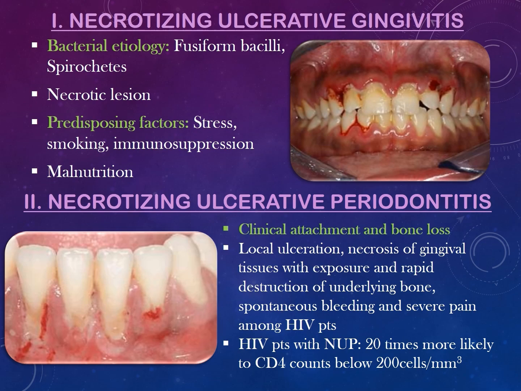HIV patients with necrotizing ulcerative periodontitis are usually 20 times more likely to have CD4 counts below 200 cells per cubic millimeter. So this clearly shows that immunosuppression is a major contributing factor to necrotizing ulcerative periodontitis.